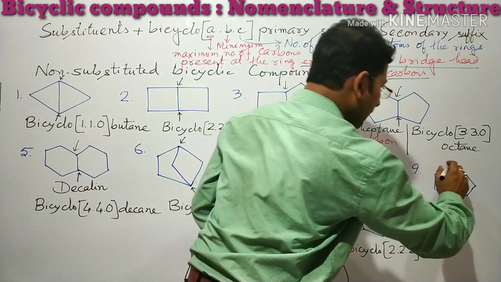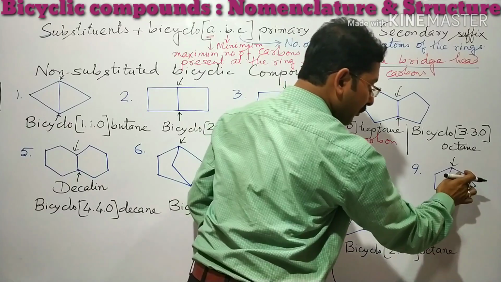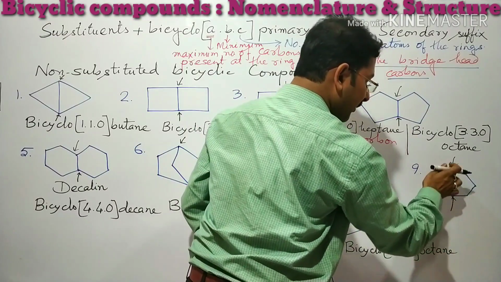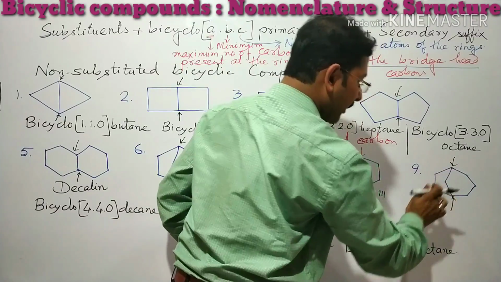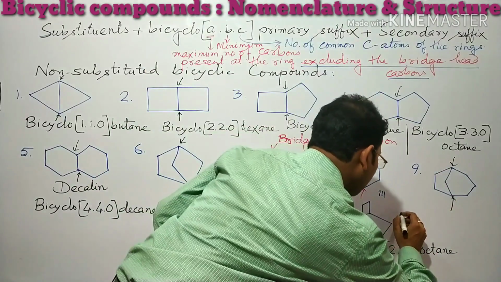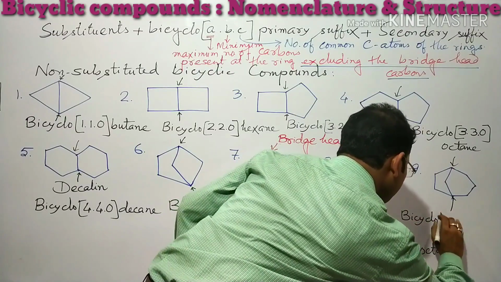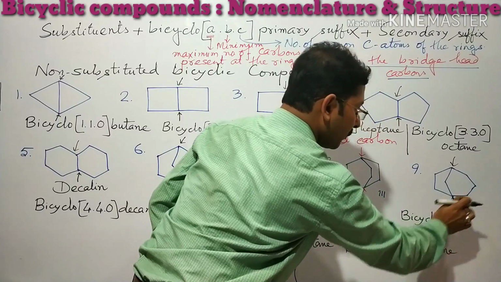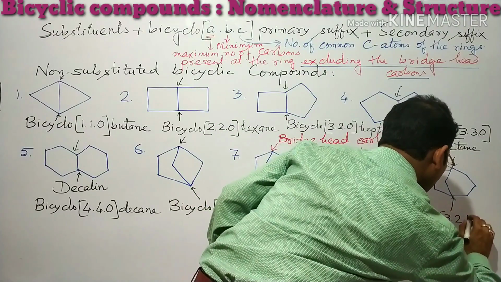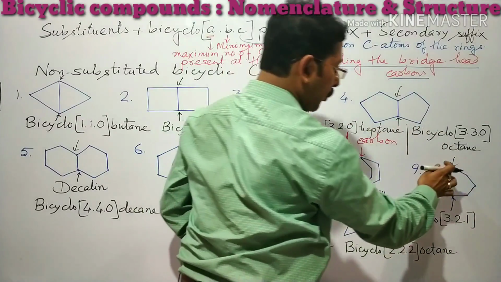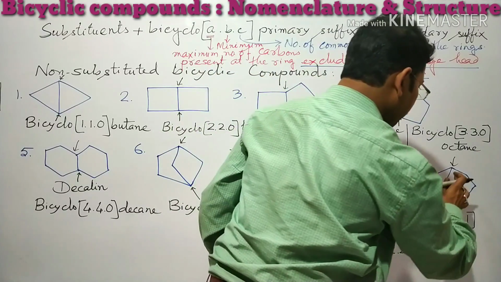Next, what about this one? These 2 are bridgehead carbons. This ring contains 1 2 3 4 5 6 carbons, and this ring contains 1 2 3 4 5 carbons. So this is bicyclo 3.2.1, and total 1 2 3 4 5 6 7 8 carbons are there.